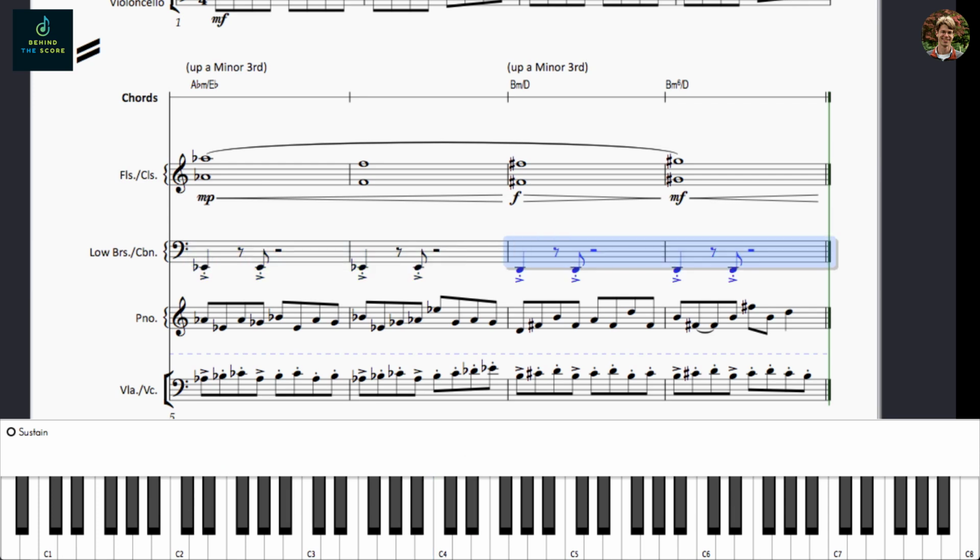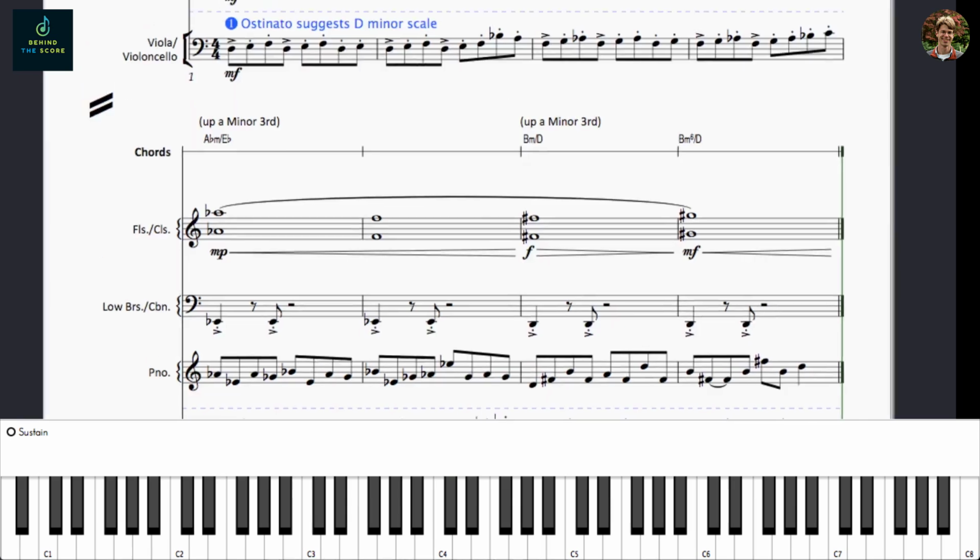Our harmony modulates up to B minor. And instead of the bass moving to F sharp or even moving to B, it moves down to D. So our bass is moving from E flat down to D.